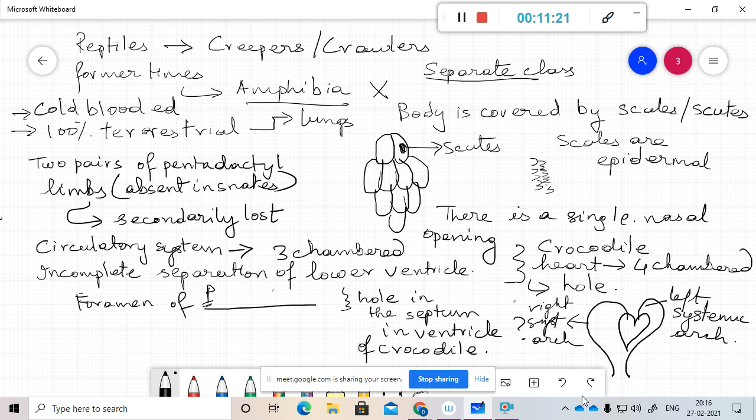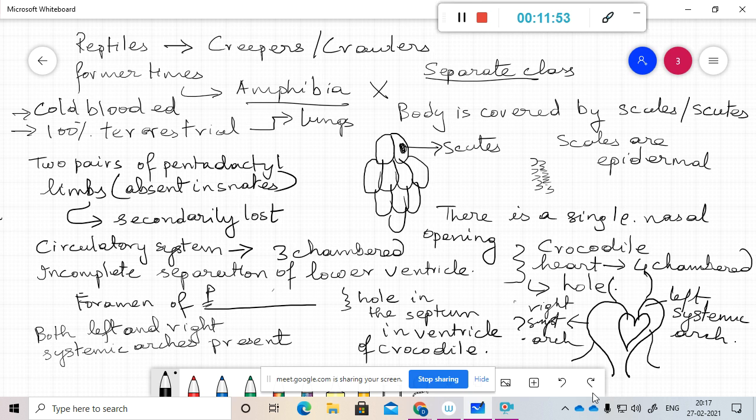And this aorta comes out and gives blood to the whole body. From these arches there are other arteries that all come out, but you have both the left and right systemic arches present.